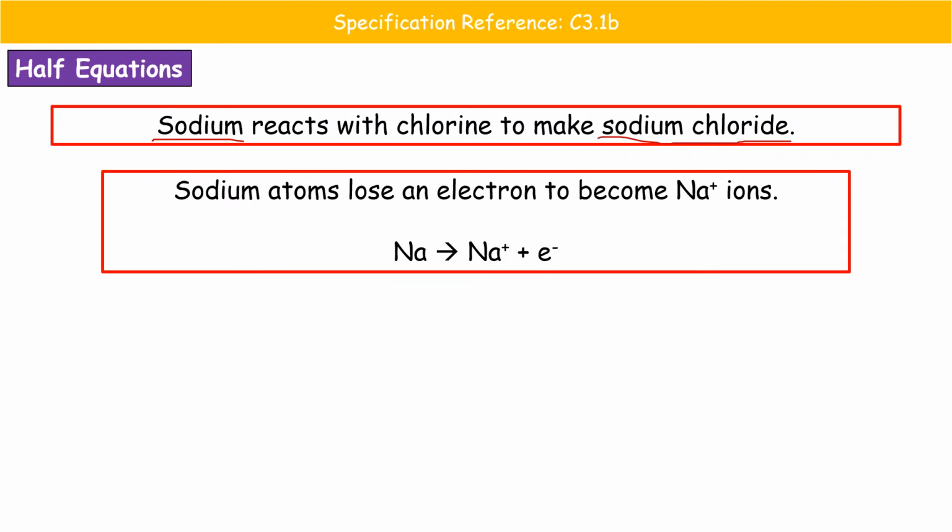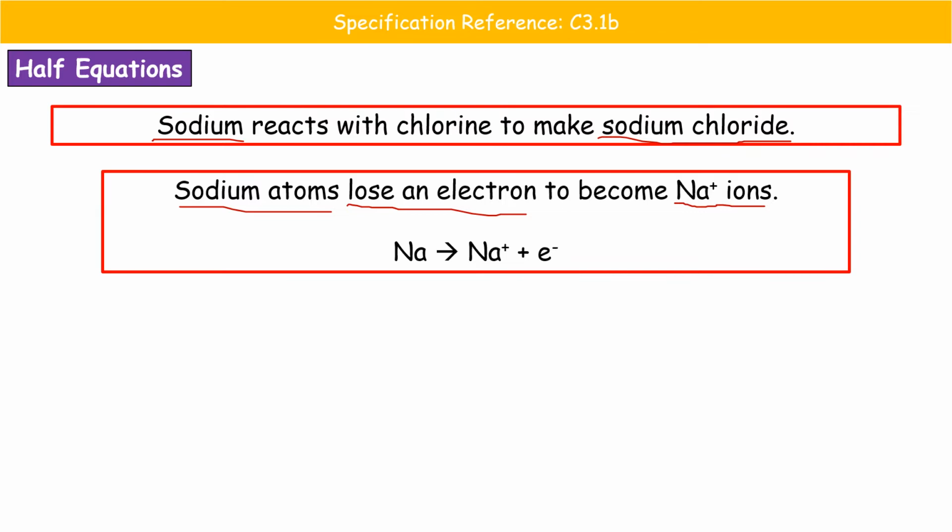So we're going from an atom of sodium to an ionic compound of sodium chloride. We know it's an ionic compound because we've got a metal joining to a non-metal. Because of that, we are going to start with a sodium atom and we're going to make our sodium ion, Na+. Because it's a positive ion, that means it loses an electron. Only the one, because it's only a single positive charge because it's in group 1.